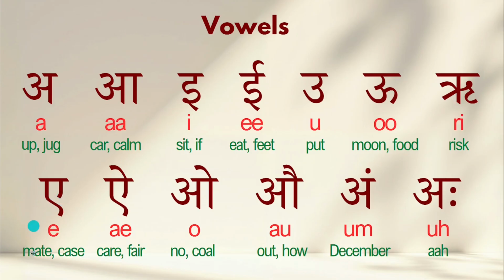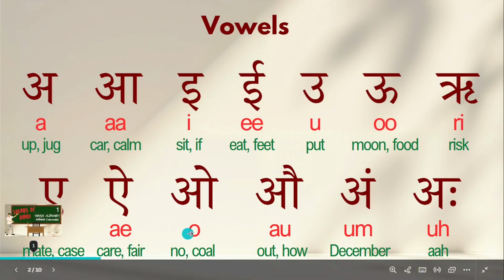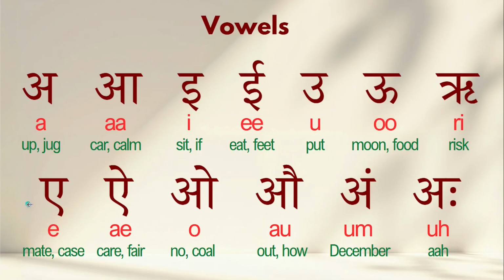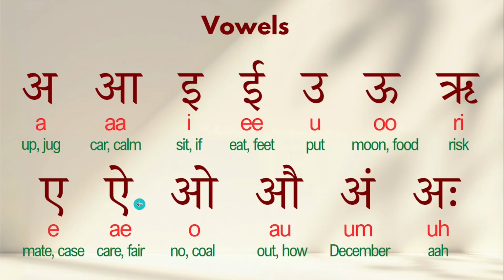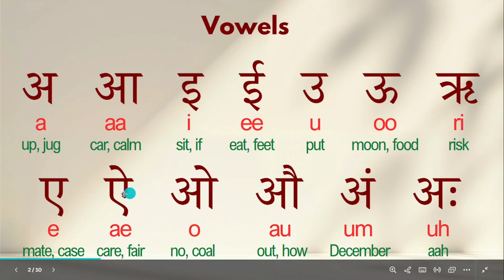Then there is the long a, so that's in mate, case, bail, fail. Then you have ai, right? The way it's said, it's like air. So that's care, fair, mare.